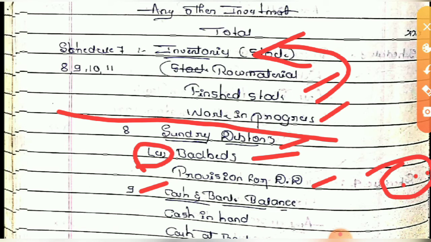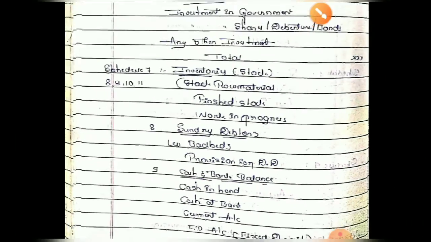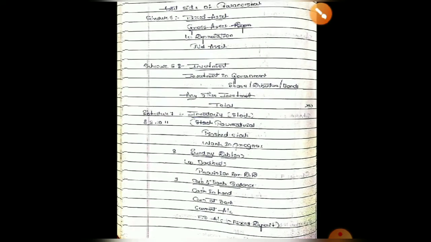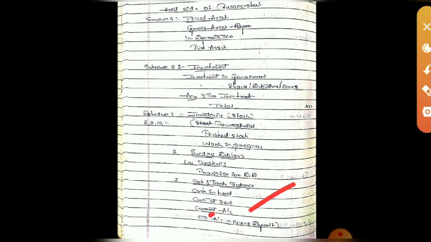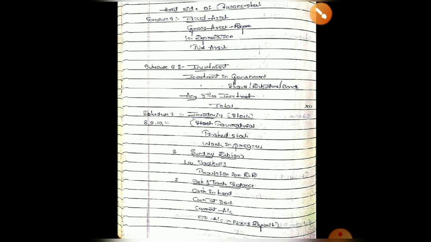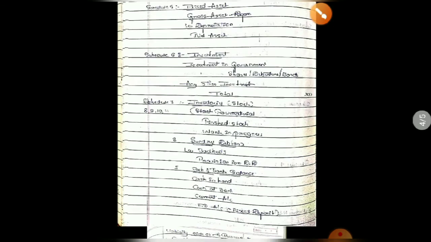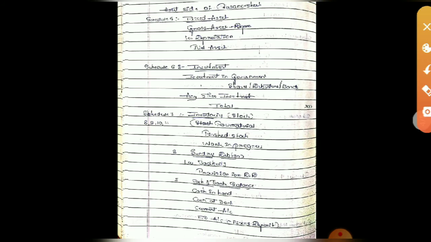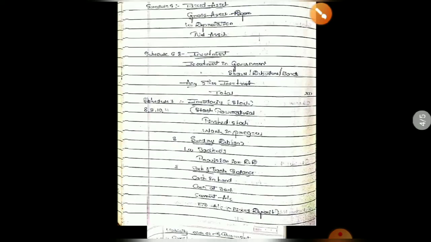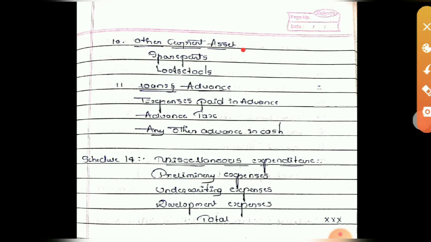Then schedule number 9. 9 is concerned to cash and bank balance. If any cash in hand, cash at bank items are there, you have to take it. Any savings account, fixed FD, current account, any type of cash balances, that is concerned to schedule 9. Then schedule 10 is concerned to other current assets.